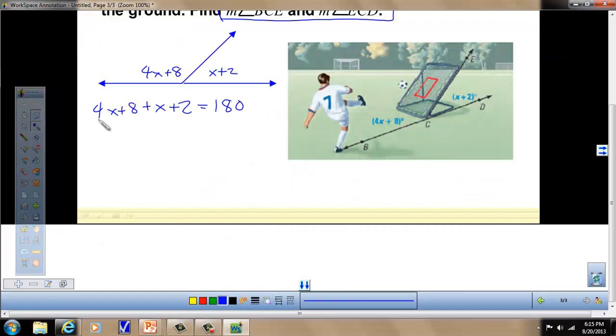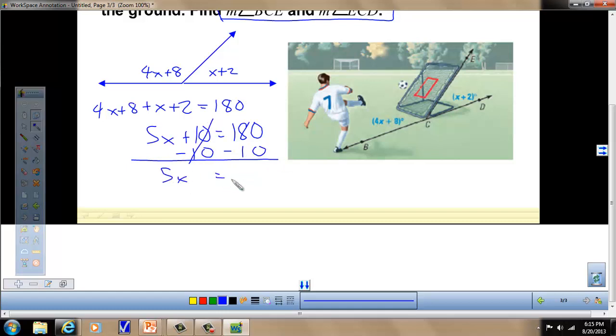And then we combine like terms, so 4x and x gives me 5x. 8 plus 2 gives me 10, and that's equal to 180. We're going to subtract 10 from both sides. And those 10s cancel. We get 5x is equal to 170.